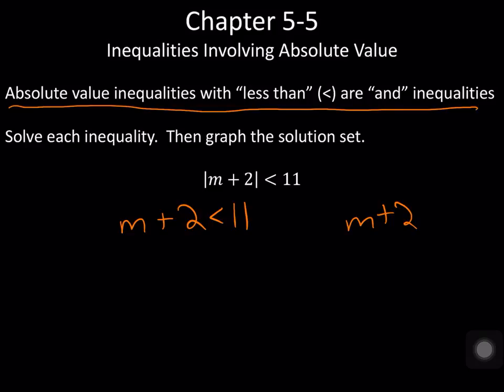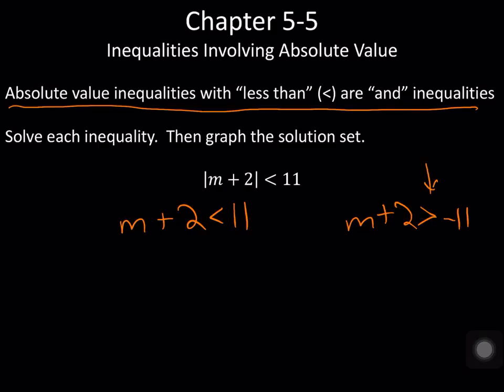Then to solve the negative scenario, remember when we deal with multiplying and dividing by negatives with inequalities, we have to flip the direction of our inequality. That funny little rule happens right here, where when I solve this for the negative on the other side, I also have to remember to flip my inequality.